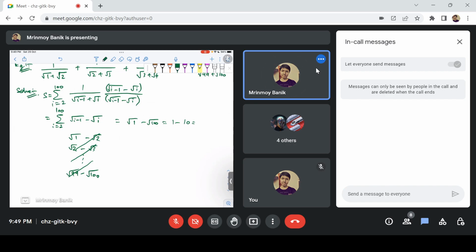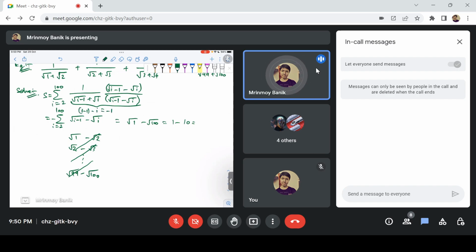Just a minute. Okay. So here the denominator would have been the square of the square root of I minus 1 minus the square of the square root of I, so it's I minus 1 minus I. So this is minus 1.